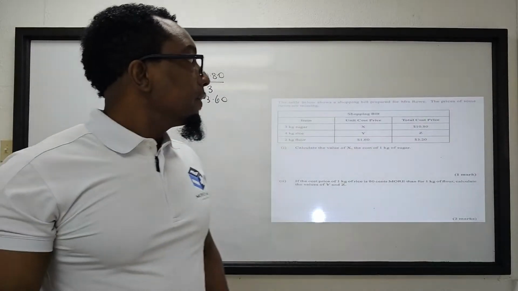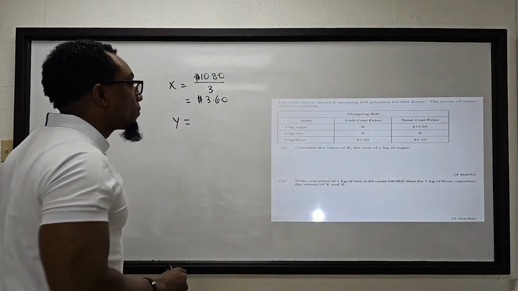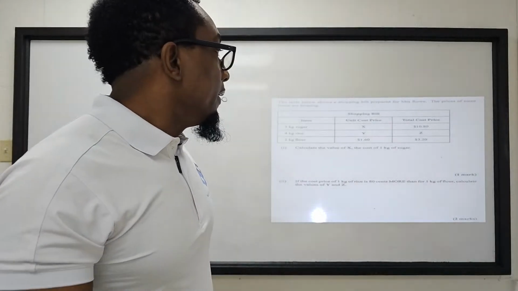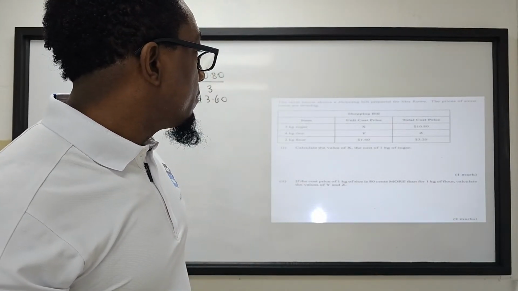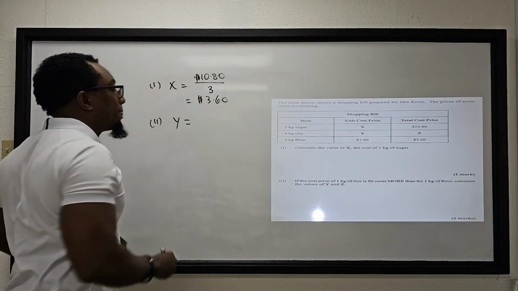So let's determine what Y is equal to and Z. So if we read part 2, so this is part 1, part 2.